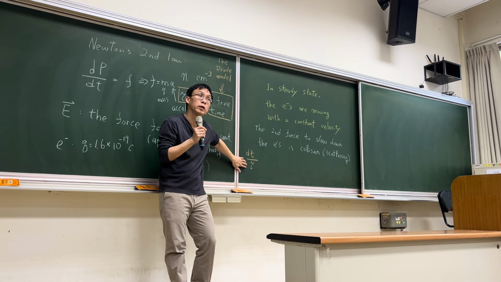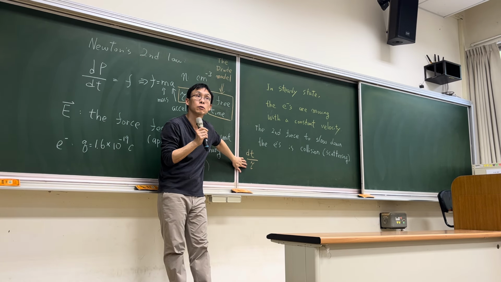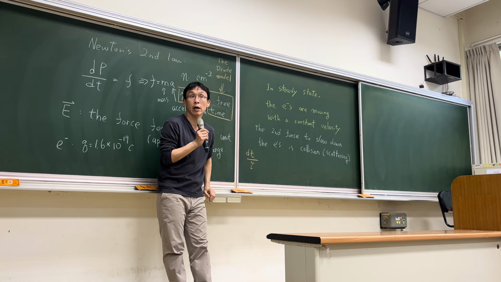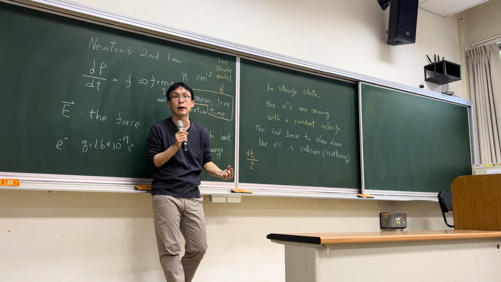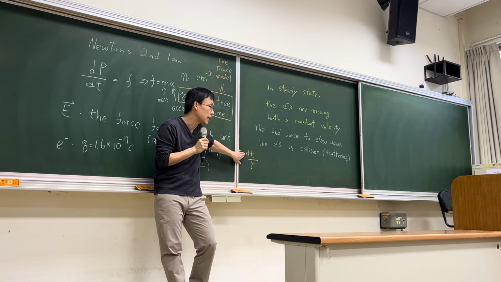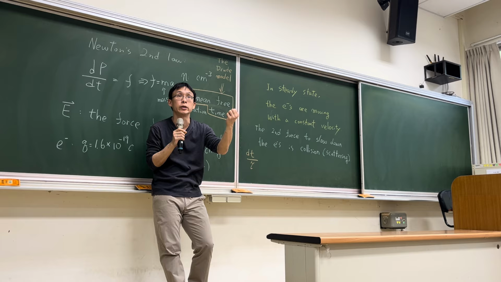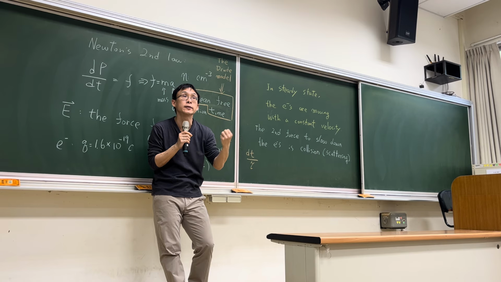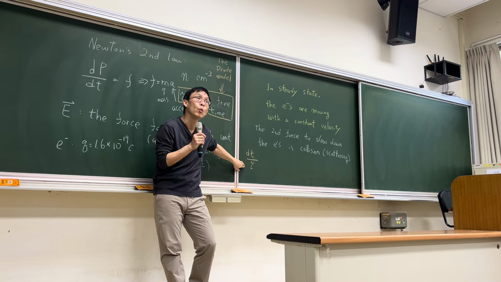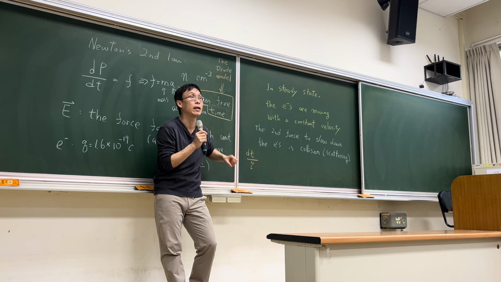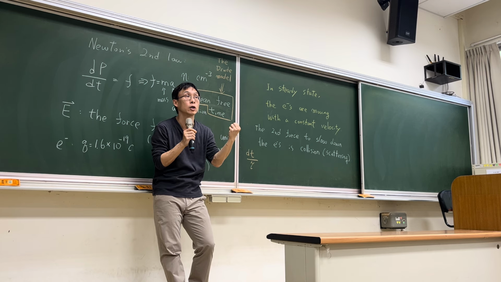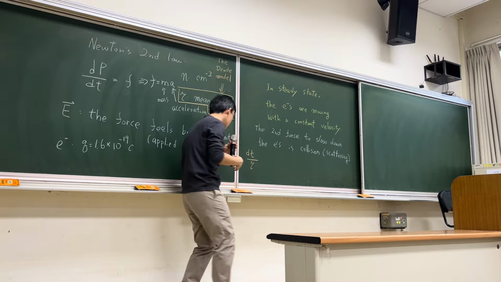Statistically, every tau will have one collision, on average, for each electron. So if this dt is large enough to be the same as tau, what is the probability that the electron will go into a collision? 1, right?